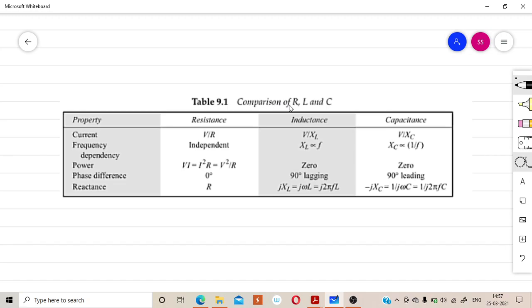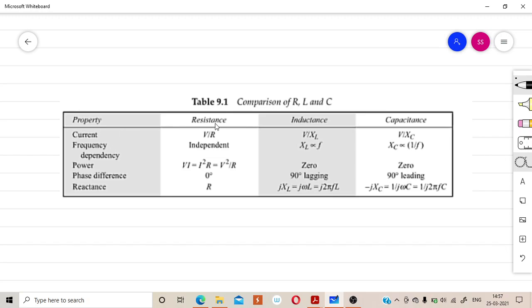The properties we take are current, frequency dependency, power, phase difference and reactance. In resistance, the reactance is R. So one by one, we will take these.